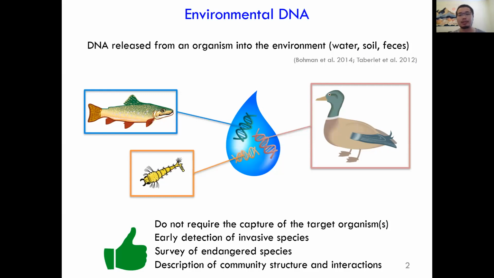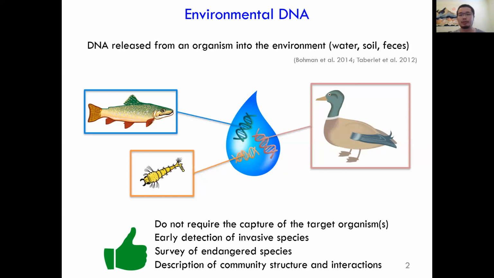So detecting the presence or absence of single species or whole assemblages of species in the environment is made possible by this new technique. The apparent merit is that environmental DNA does not require the capture or handling of the species of interest, and it is also very sensitive in terms of detection.